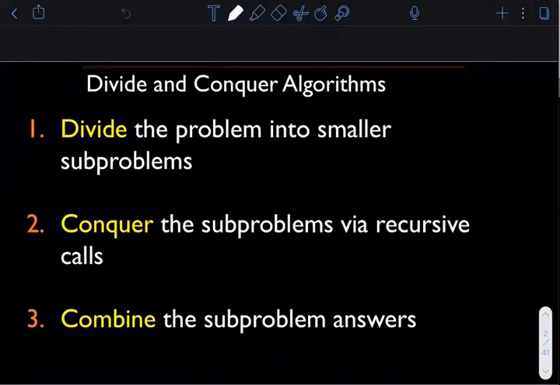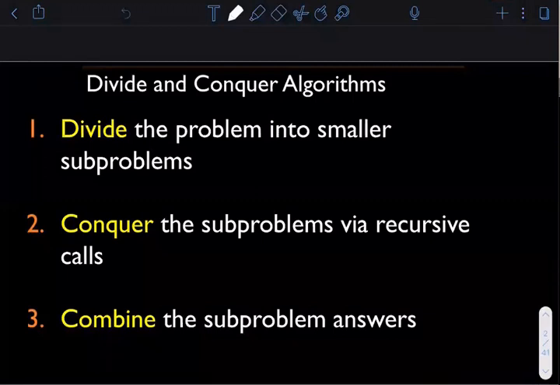It's best if you can divide it into two equal parts, but sometimes it might not be possible depending on the problem you are solving. But at least it should be something like 1/3 and 2/3, or even 1/10 and 9/10. It should not be something like 1 and n-1. That's not typically what we do in divide and conquer. I'm not saying that it's not possible. You can still write such an algorithm, solve the recurrence and get some running time, but typically we don't call that a divide and conquer algorithm.